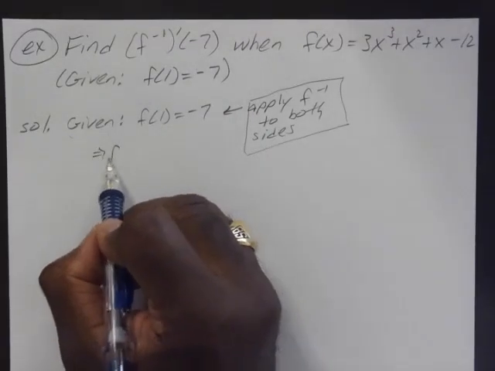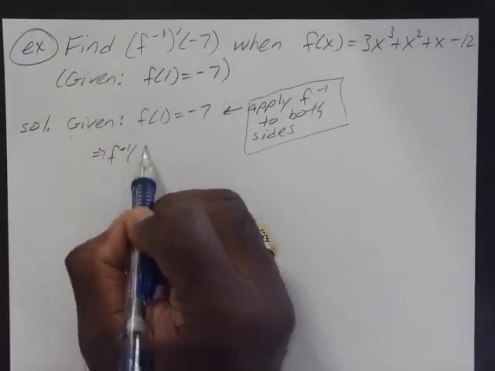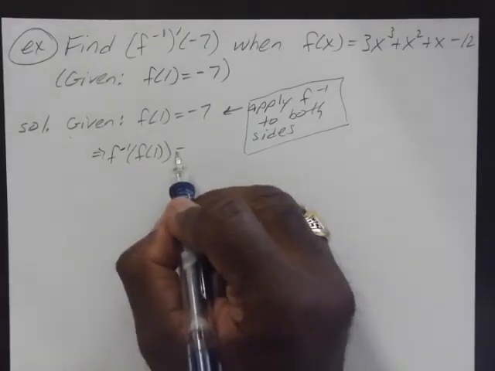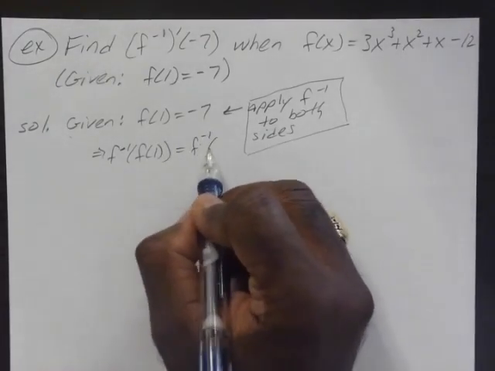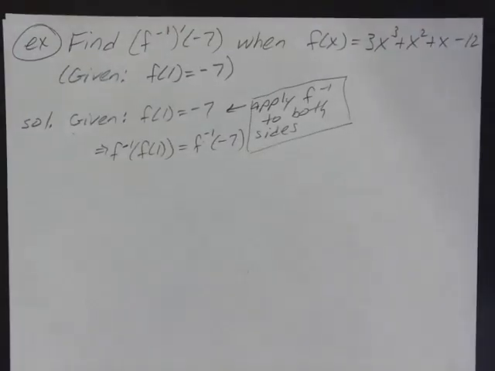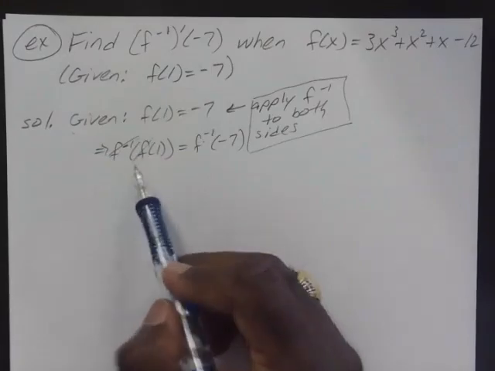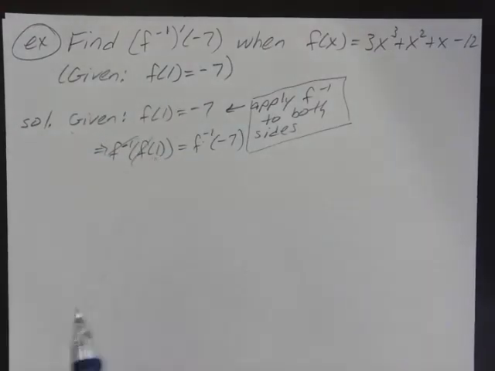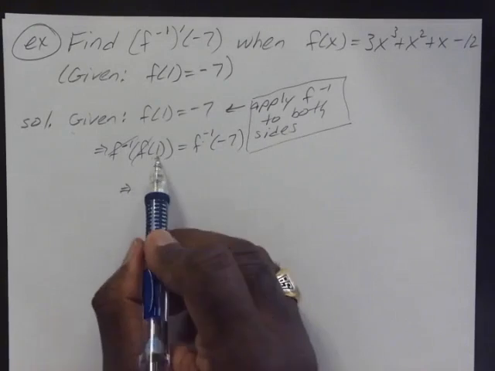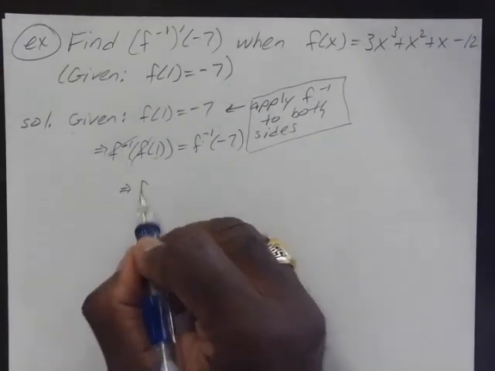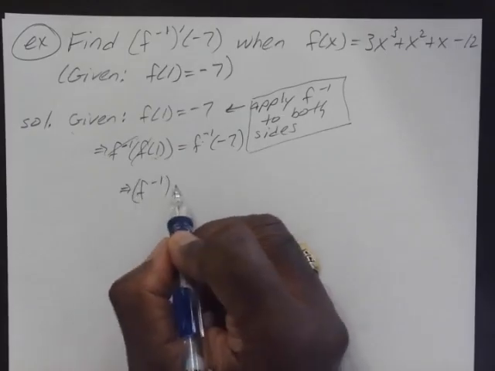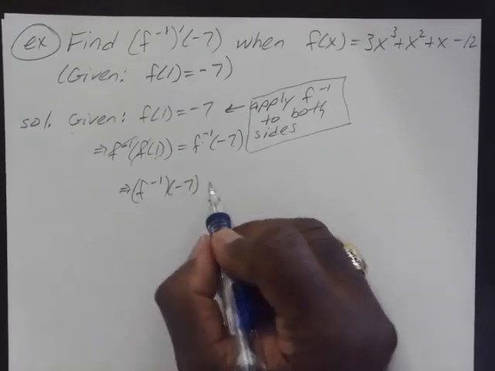So that gives us f inverse of f of 1 is equal to f inverse of negative 7. So again, we know the function and its inverse cancel each other out, leaving just the argument 1. So we know that 1 is equal to f inverse of negative 7. Or we can say f inverse of negative 7 is equal to 1.